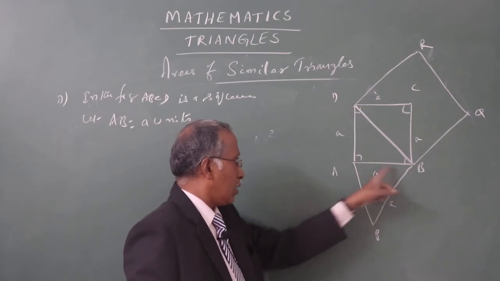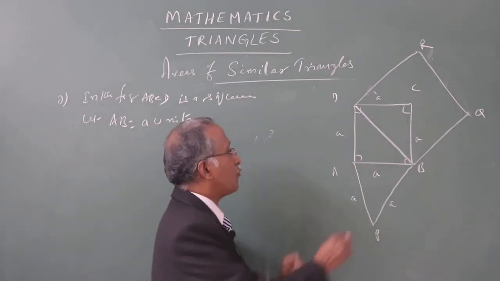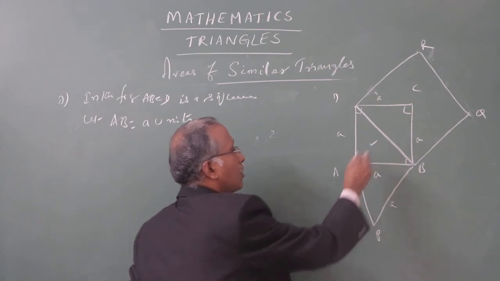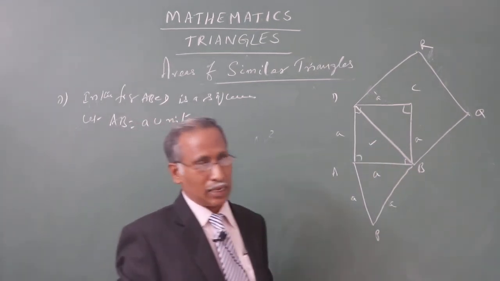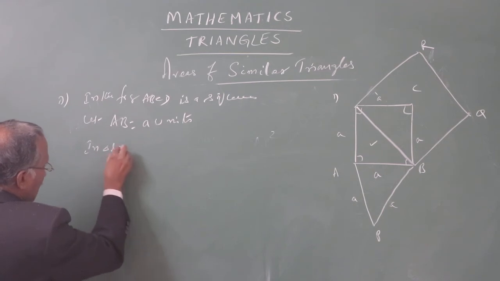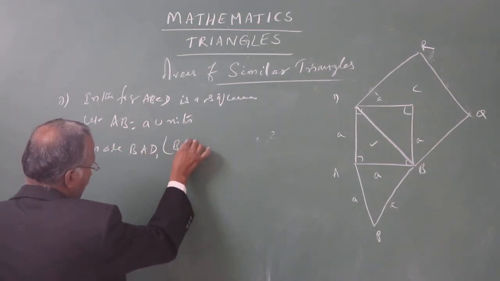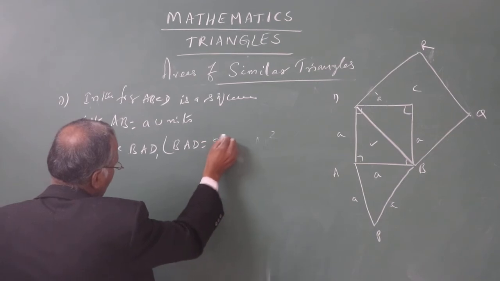Now see, in the triangle BAD, angle A is 90 degrees. Therefore, it is a right angle triangle, so we can apply the Pythagoras theorem. In the triangle BAD, angle BAD equals 90 degrees.